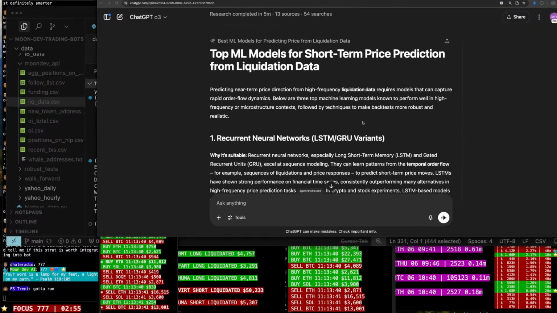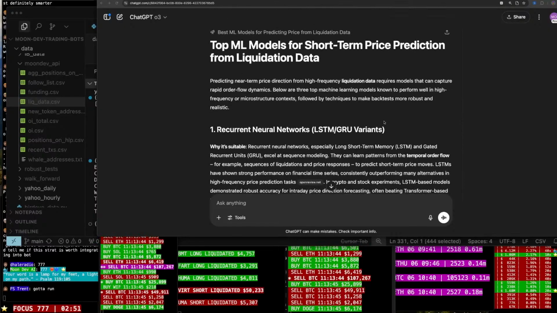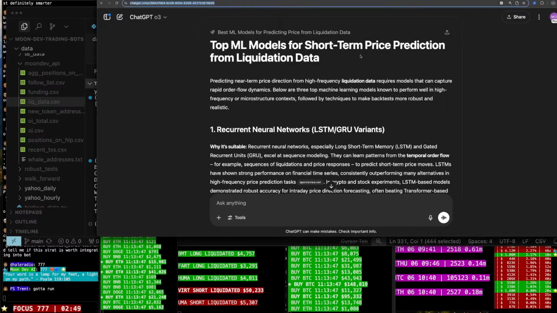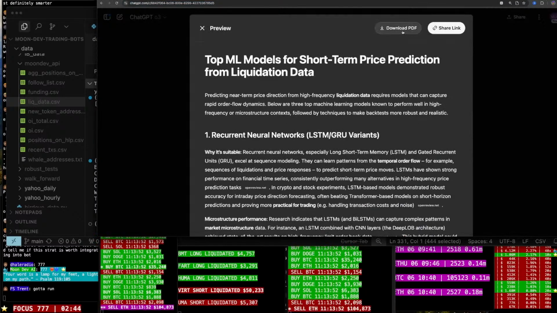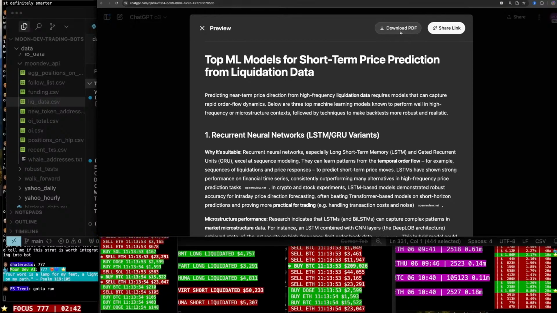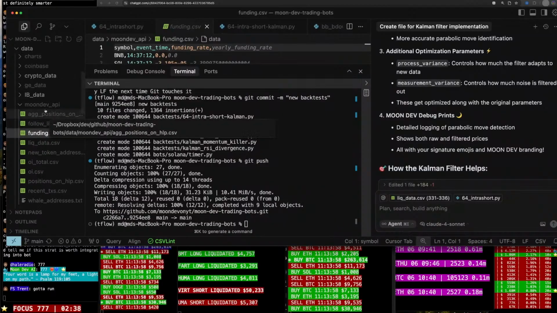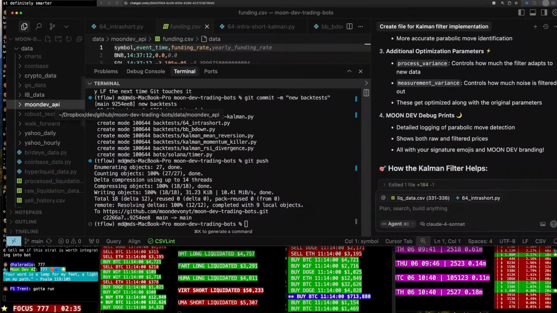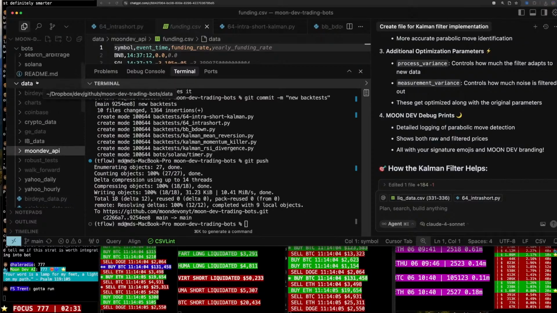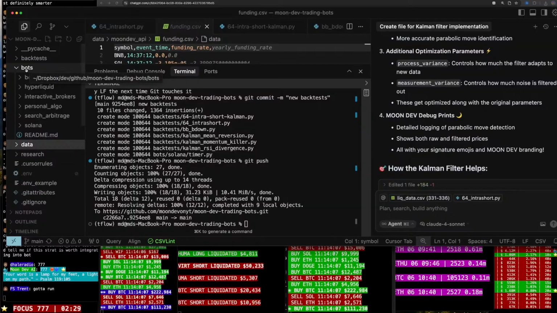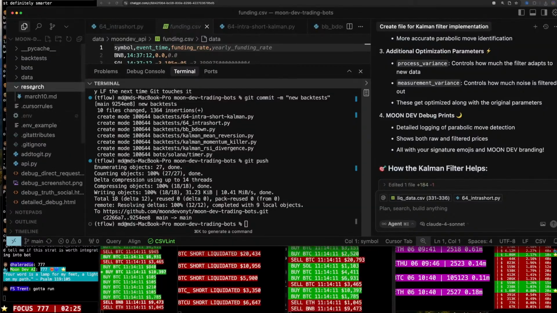All right, let's read through it. So the top machine learning models for short-term price prediction from liquidation data. Download PDF. Let's download PDF. Funding here. And let's go to the data here. Bots. How do we want to do this? Research.